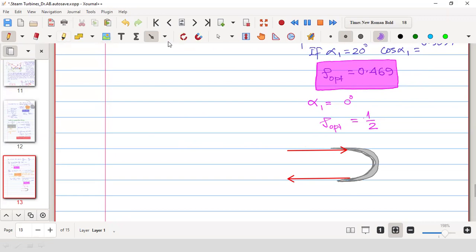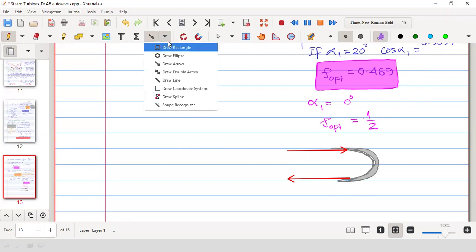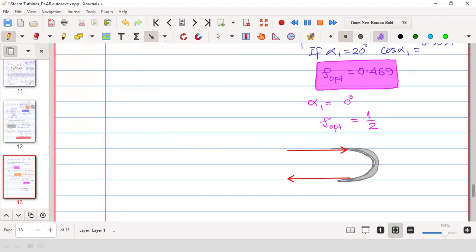And the blade will have a velocity, definitely tangential. So what is the condition? Therefore, the blade speed is half of the steam speed at the inlet.